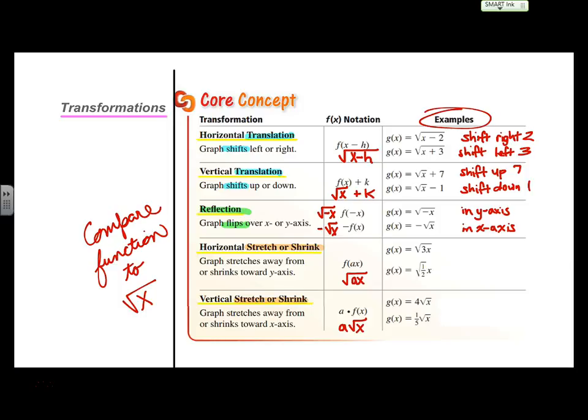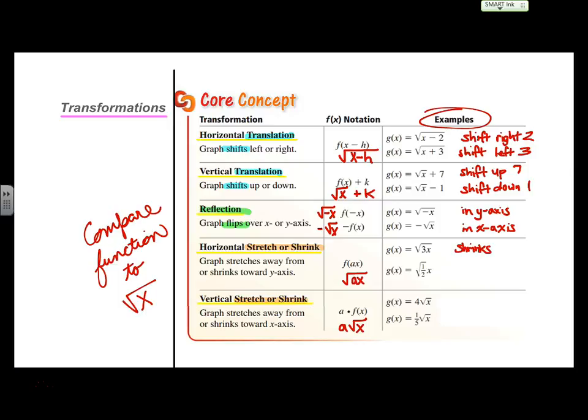So over here, if there's a 3 underneath the square root, it's going to be stretches or shrinks away or toward the y-axis. We're going to say that if it's underneath, the graph shrinks. This is where it gets a little weird.